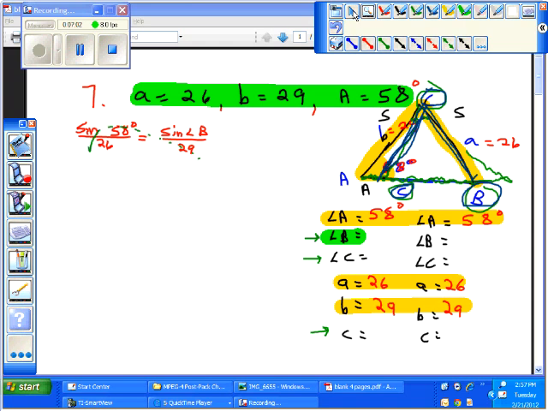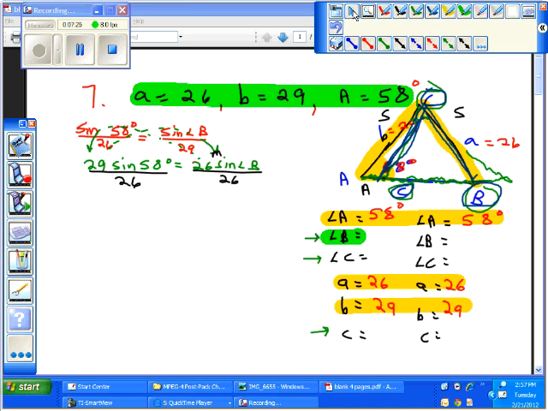And then I'm going to solve. So I'm going to cross multiply and get 29 sine 58 degrees is equal to 26 sine angle B. I'm now going to undo multiplication by division, so I'm going to divide by 26.